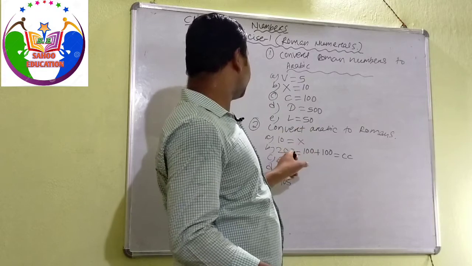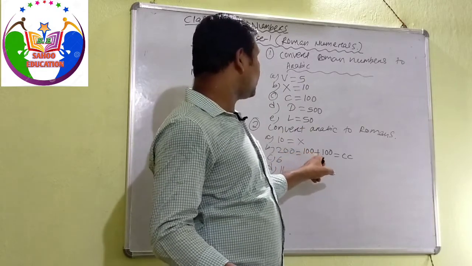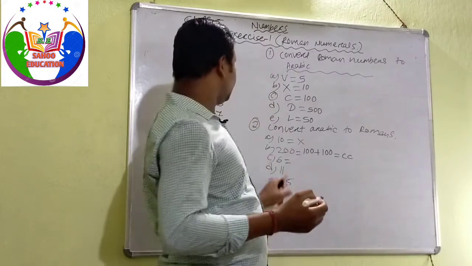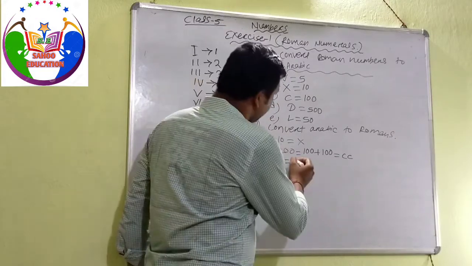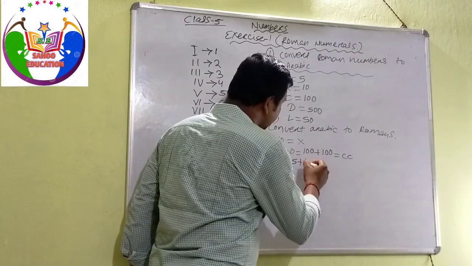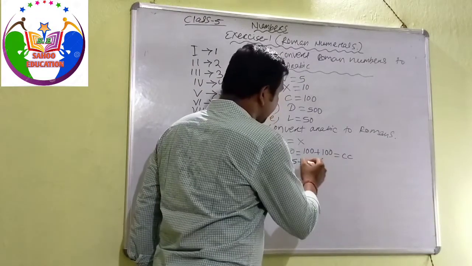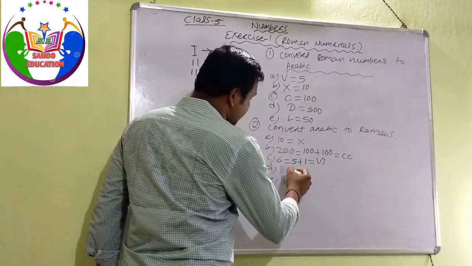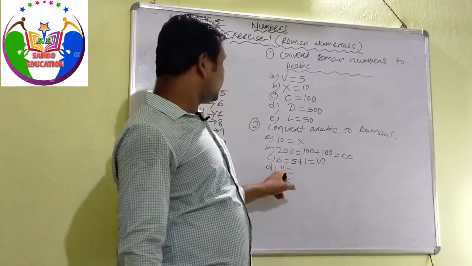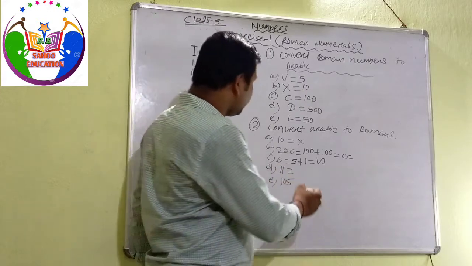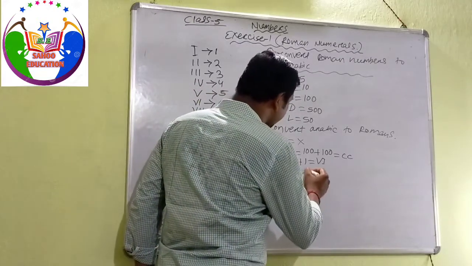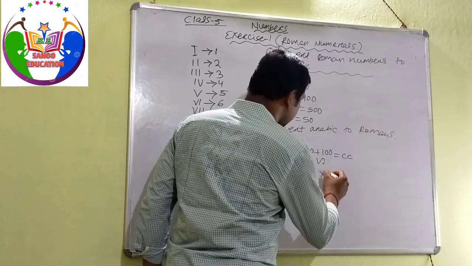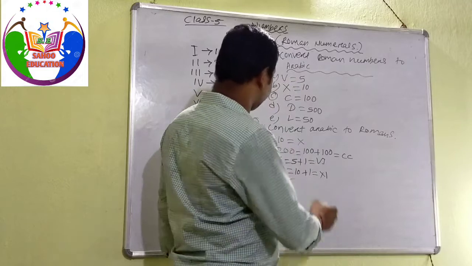Similarly, we can easily convert 6 as 5 plus 1, 5 for V and 1 for I. So VI. Similarly, the next number D is given 11. We will write 11 as 10 plus 1, that is 10 is X and 1 is I, XI.